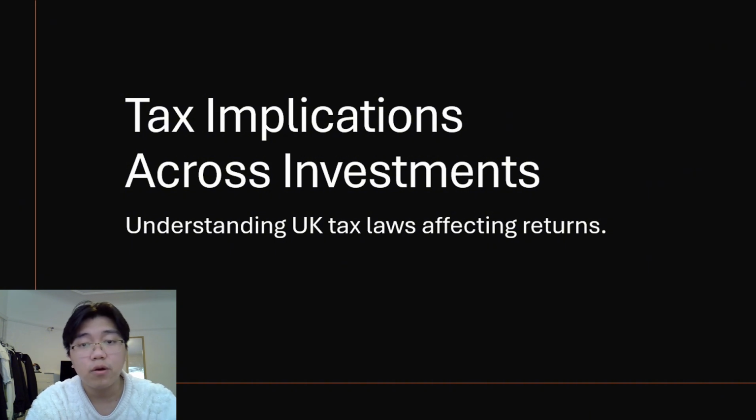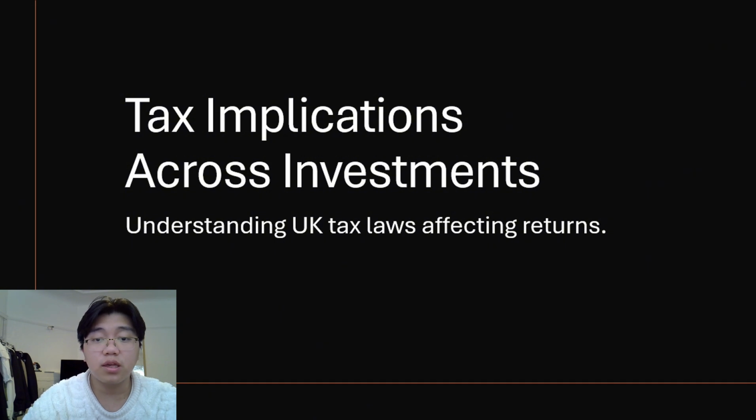Capital gains. When you sell shares for a profit, the gains are subject to capital gains tax. The annual exempt amount for individuals is £3,000, beyond which gains are taxed at 28% for managing and investment funds. For the bonds, in the gilts, interest from UK government bonds is taxable as income.